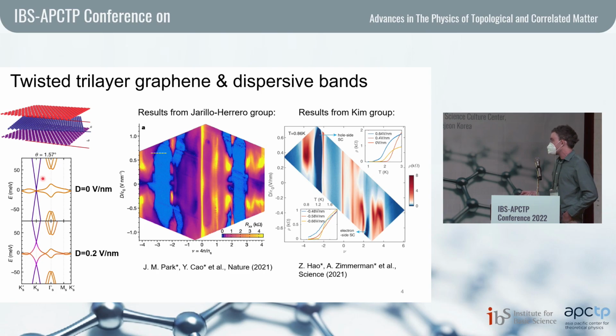And these two bands are essentially decoupled from each other at zero displacement field. Now what happens is that if I turn on a finite displacement field, then the mirror symmetry is broken, and the two sectors, the mirror symmetric and antisymmetric, can hybridize, which gives rise basically to something that looks like the flat bands, but with a slightly enhanced bandwidth due to the hybridization.